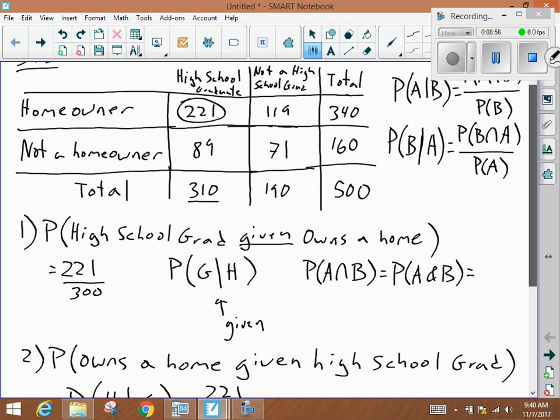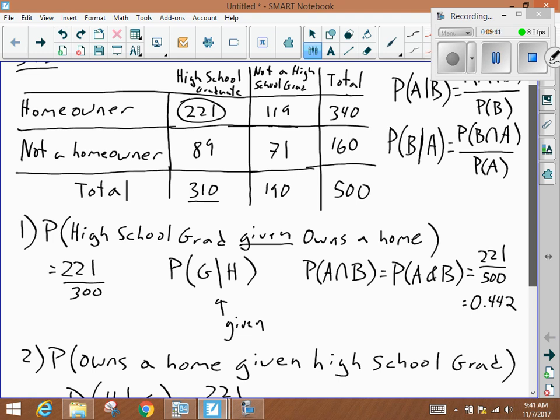High school graduates and homeowner is 221 out of 500. Perhaps that was just given to you as a probability, which is normally what's going to happen. If you're going to use this formula, you're going to be given a set of probabilities and you have to apply it to the formula. So I'm going to write that proportion as a decimal. That is exactly 0.442.